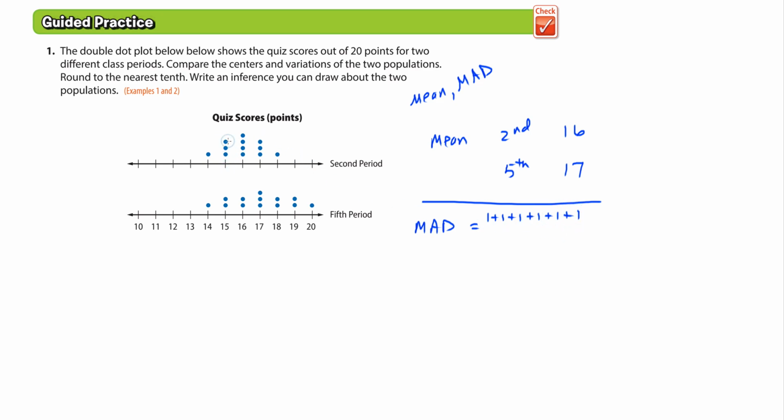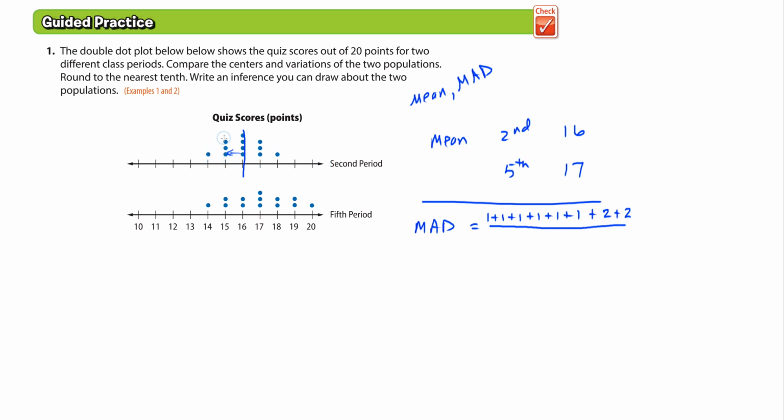Because there are 6 dots 1 away from here. And then we have a dot that's 2 away and another dot that's 2 away. So I have 2 of those. And I didn't bother putting 4 zeros for these 4 dots that are at the mean, but they are dots in the mix.